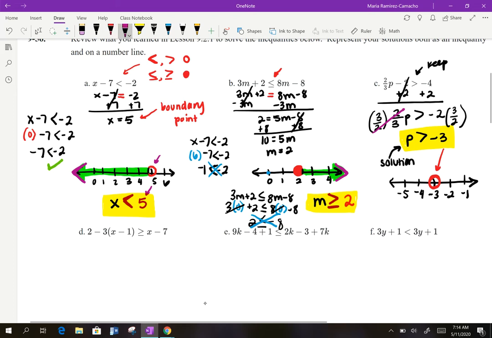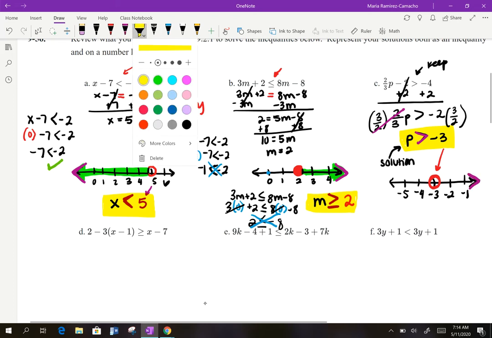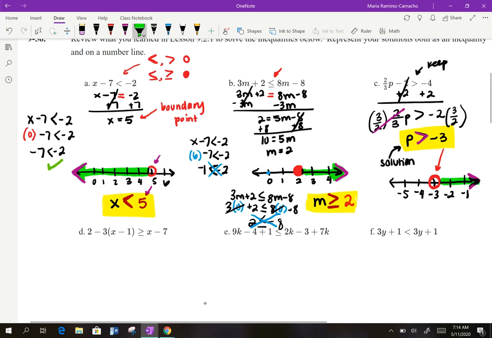And this inequality symbol, greater than, looks like an arrow pointing that way. And so I'm going to be shading to the right. And we're done. Okay, so that saves us a little bit of time.